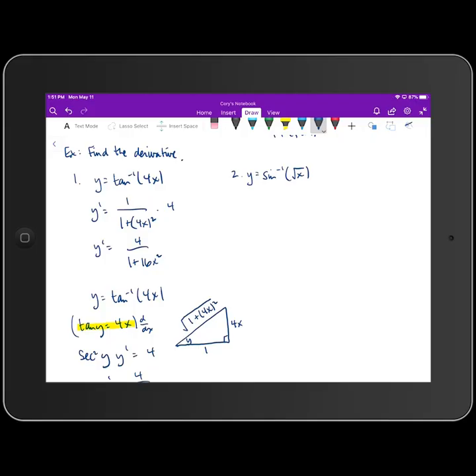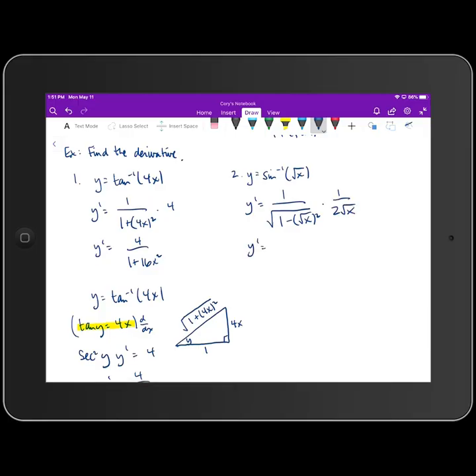Okay, I'm going to work the second one through just utilizing the formula for the derivative. So y prime here is going to be 1 over the square root of 1 minus the argument, which is rad x, quantity squared. And then using chain rule, we have to multiply that by the derivative of the inner function, which is 1 over 2 rad x.